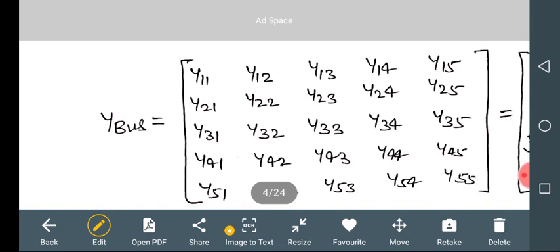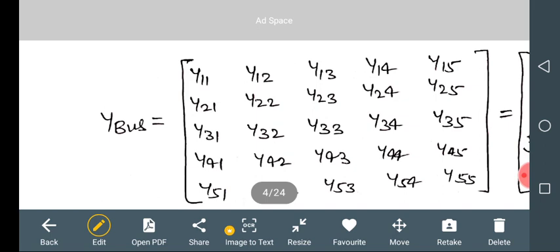So we have to calculate all these matrix elements like y11, y12, y13, y14 till y54 and y55. We have to calculate all these diagonal and off diagonal matrix elements. So we all know that here y11, y22, y33, y44, y55 are diagonal elements and all remaining are off diagonal elements.